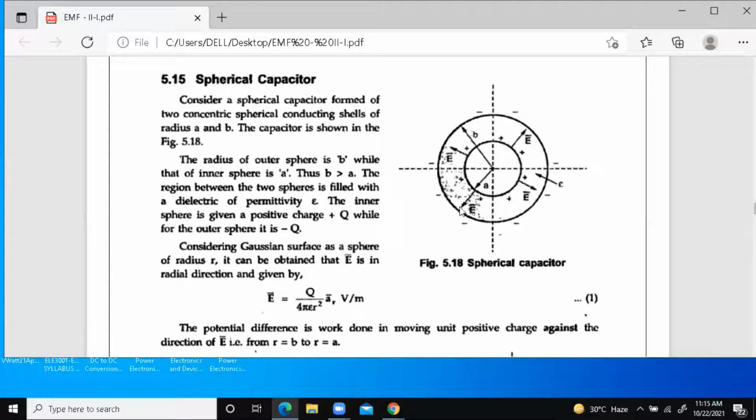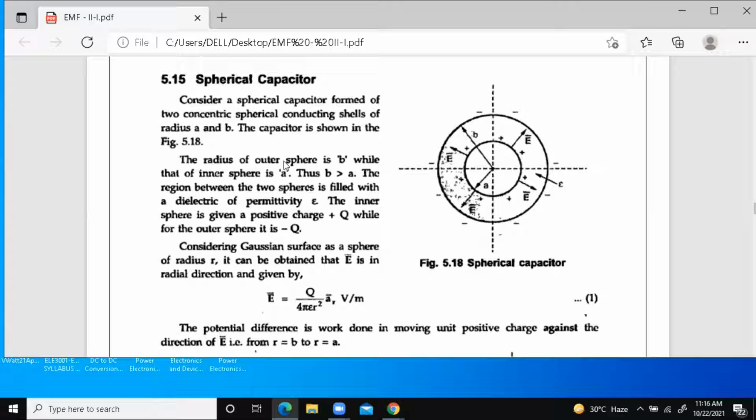Between here and here, you have a dielectric. It can be air, can be water, can be oil, whatever.